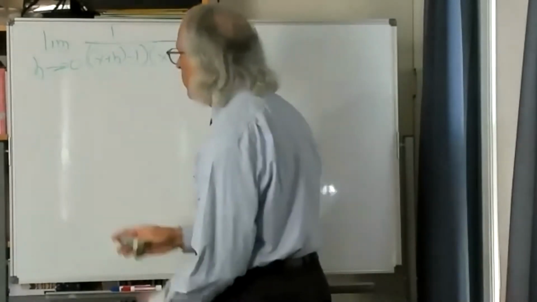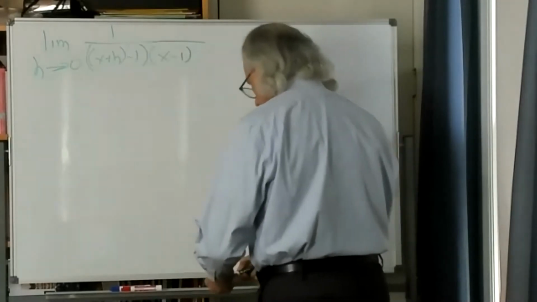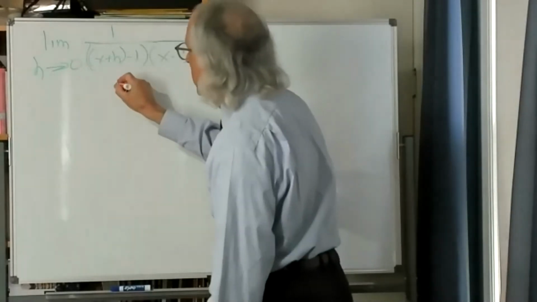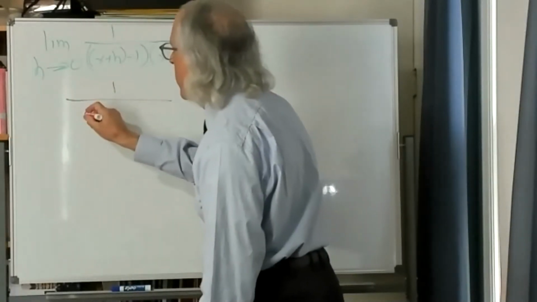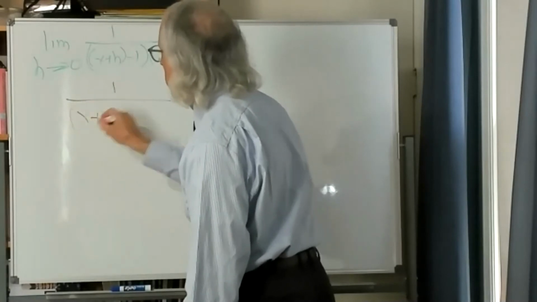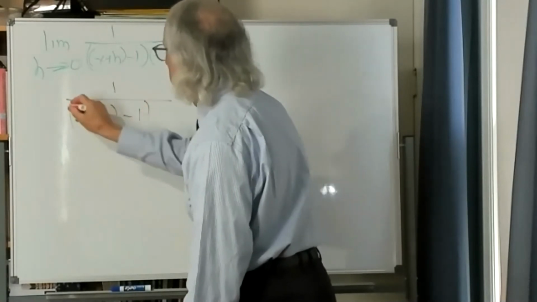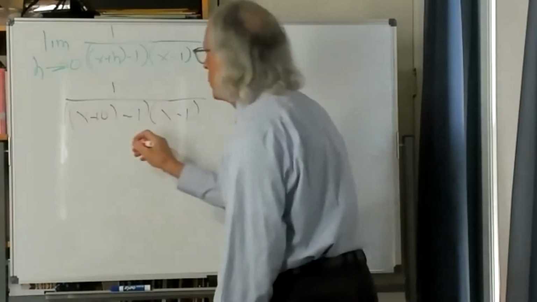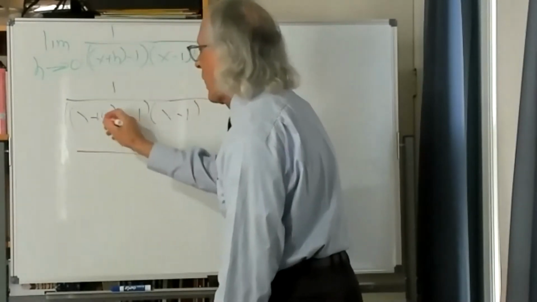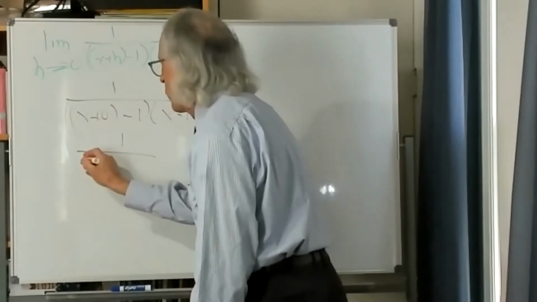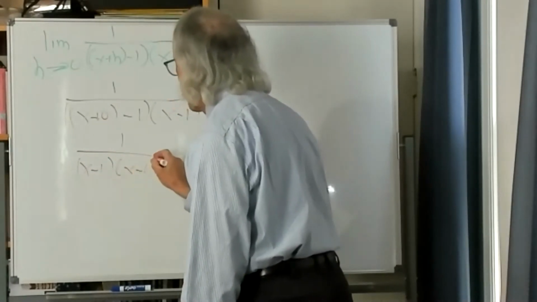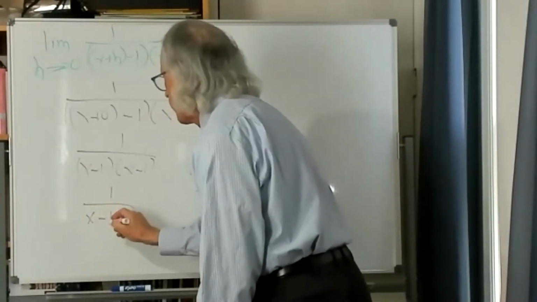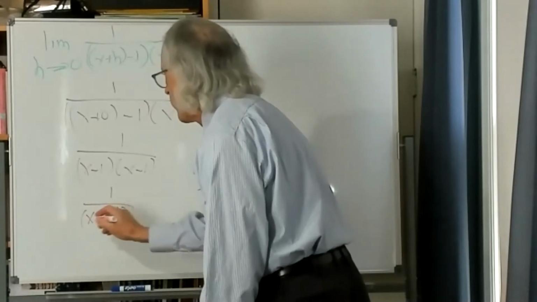So I can now substitute in my 0. I'm no longer looking for a limit. I'm doing the substitution. It's 1 divided by x plus 0 minus 1 times x minus 1, which becomes 1 over x minus 1 times x minus 1, which is 1 divided by x minus 1 squared.